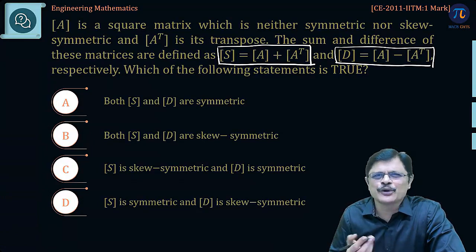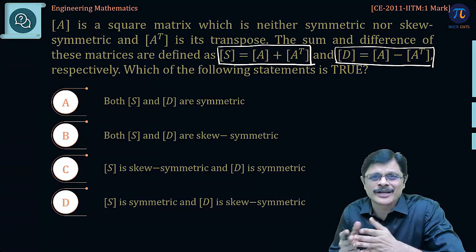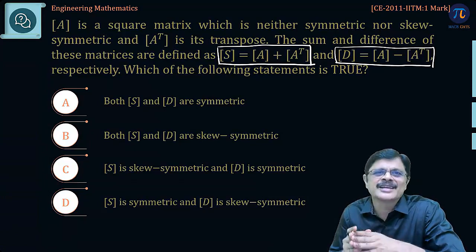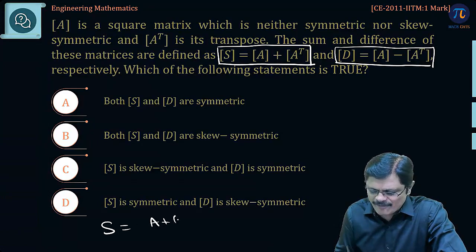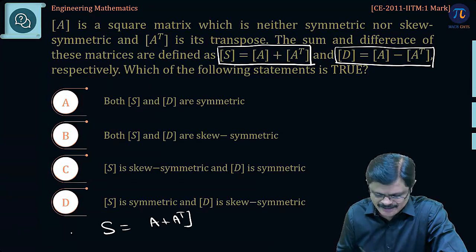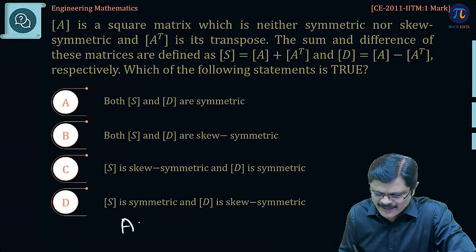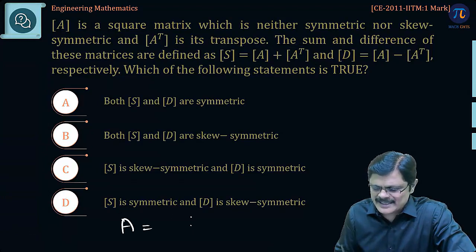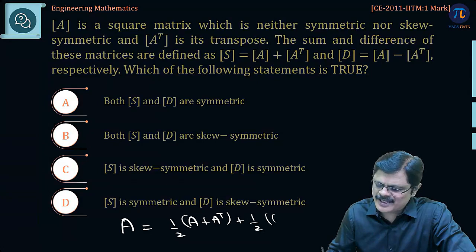See, my dear friends, we know the direct, common, regular result: every square matrix can be written as the sum of a symmetric and a skew symmetric matrix.